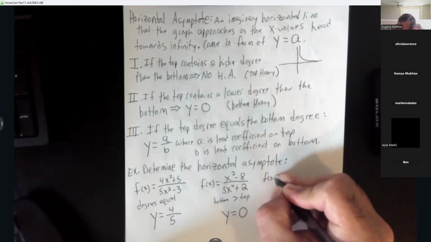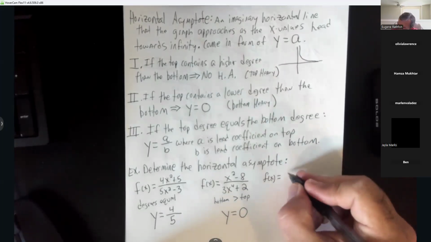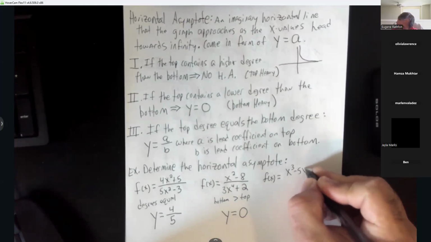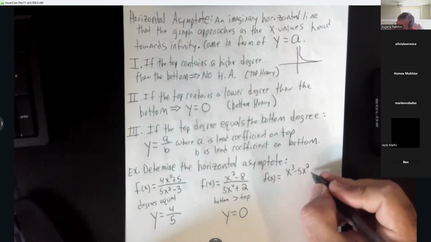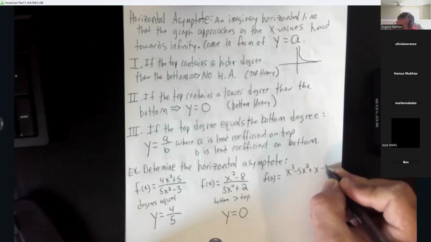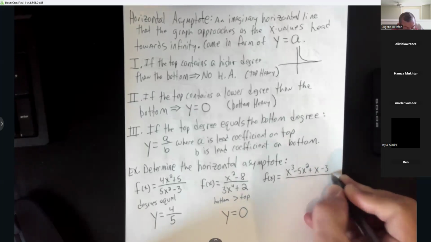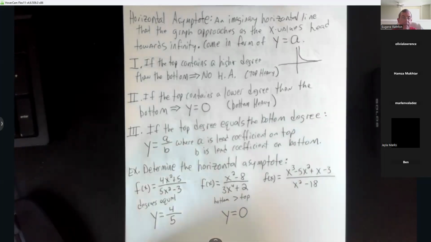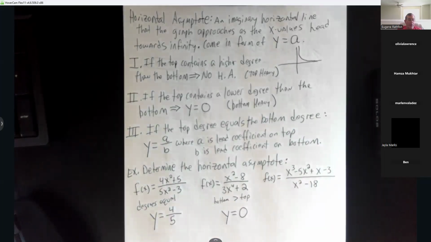Let me try one like this one. This one's got an x to the 3rd minus 5x squared plus x minus 3, all of that over x squared minus 18. So y'all, what do y'all think on that one?